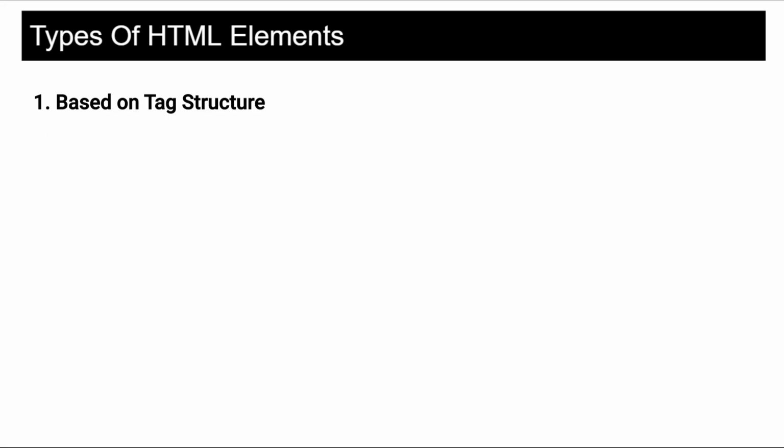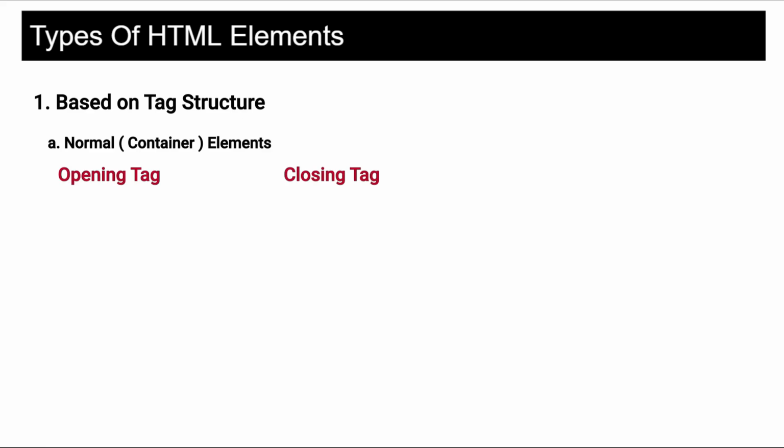Now, 1. Based on tag structure. This is in 2 phases. The first one is normal or container elements. These elements have both opening and closing tags, and they can contain other content inside them. So with the opening tag, it consists of a less than and a greater than sign.